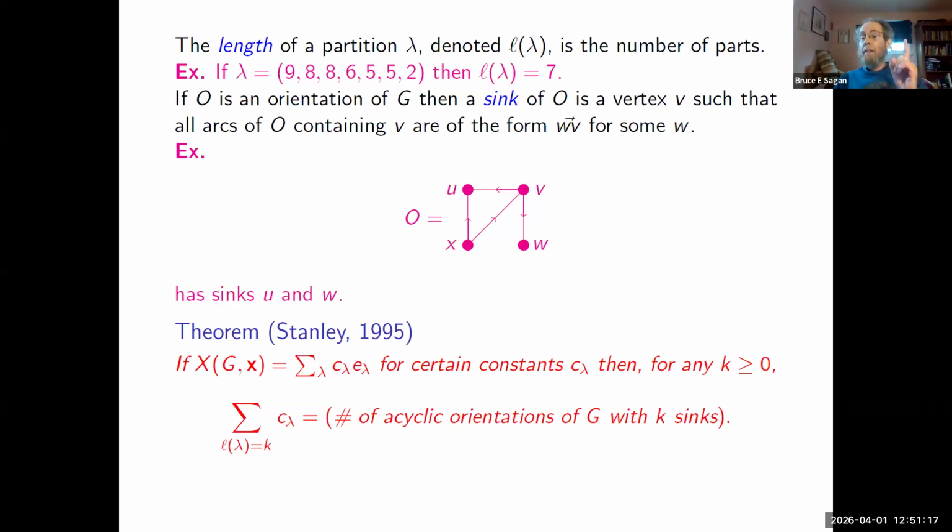If the length of lambda is 1, there's only one integer partition of n with length 1, that's n itself. So in that case, this sum only has one term, and that one term is positive. But in general, you don't know. And so it becomes an interesting question of when these coefficients are positive.